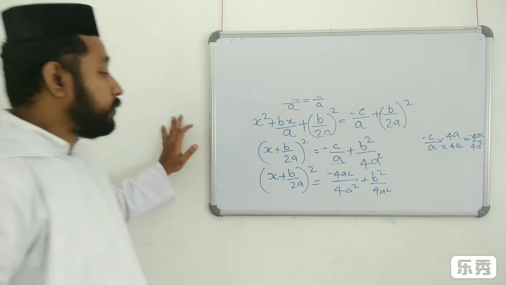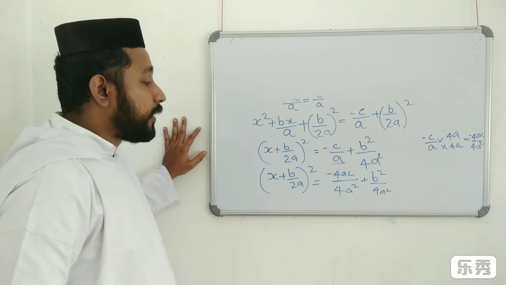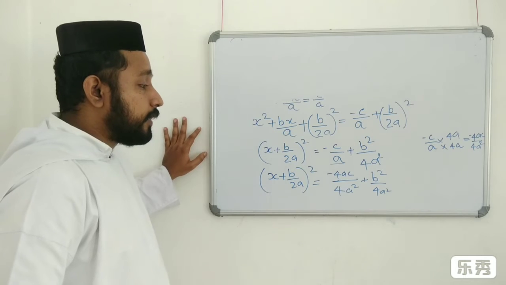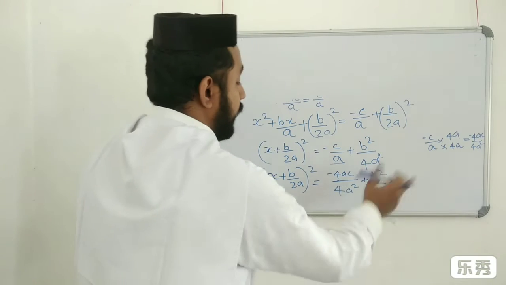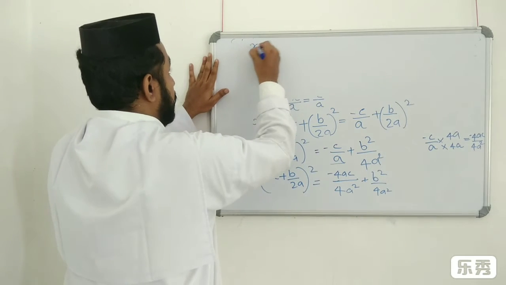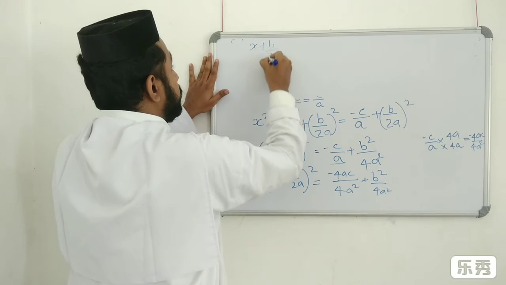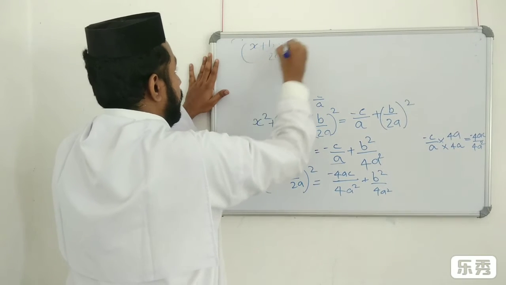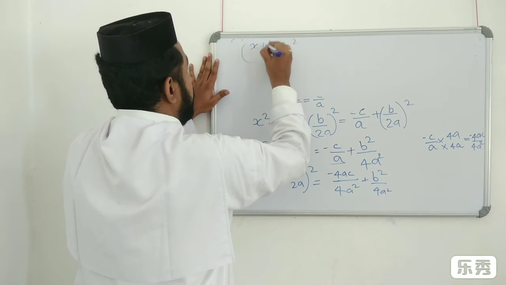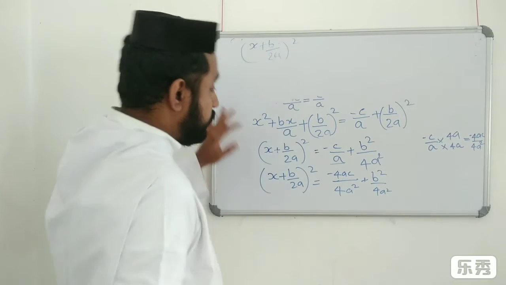So (x + b/2a)² = -4ac/4a² + b²/4a². Now we can easily add.